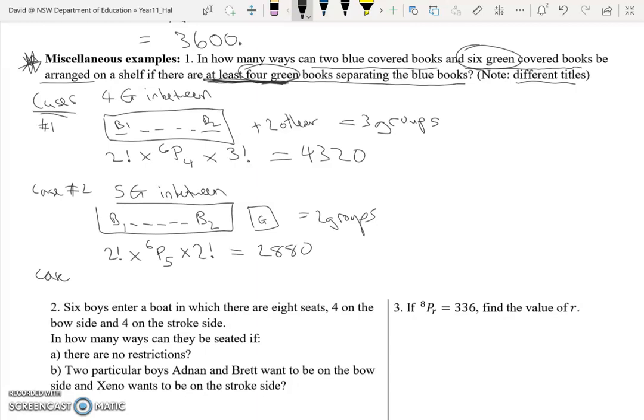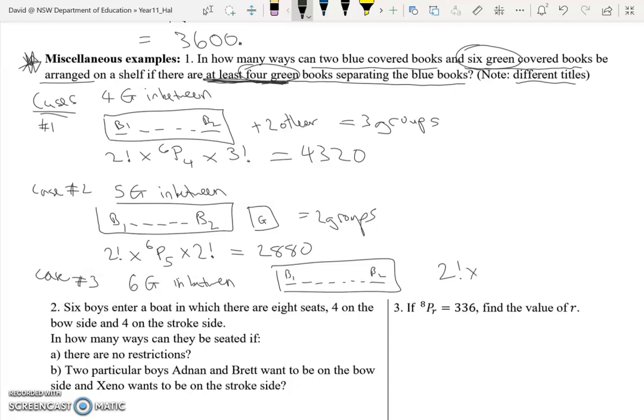In case number 3, 6 green in between. So we've got 2 blues, which we can arrange in 2 factorial ways, and then 6 green in between: 1, 2, 3, 4, 5, 6. 6 green books to fill 6 spots.